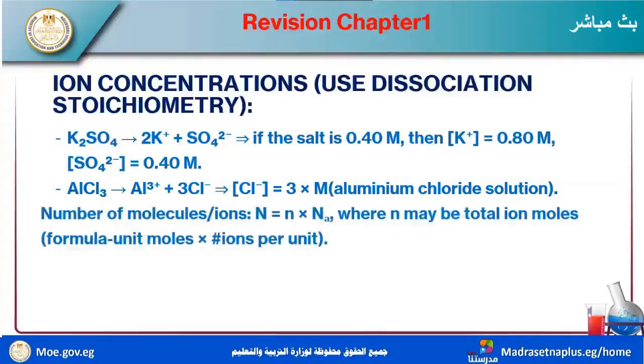Now, the number of molecules, when you divide it by 6.02 times 10 power 23, the result is the number of ions. If you have the number of moles, multiply by 6.02 times 10 power 23.